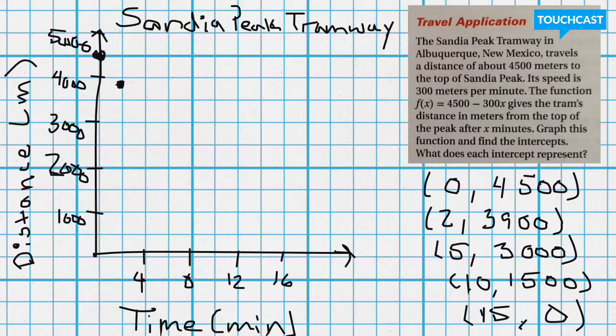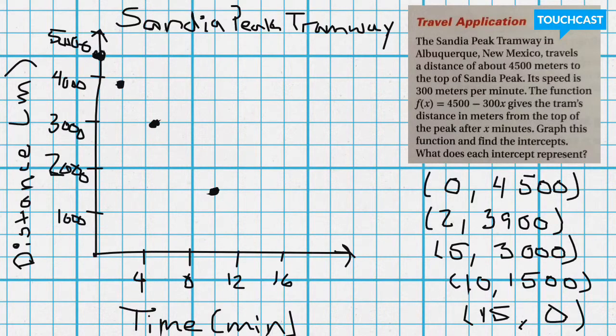So we'll go between 4 and the next line and go up to 3,000. At 10 minutes, which is right between the 8 and the 12, we have 1,500 meters remaining. So we put a point there.